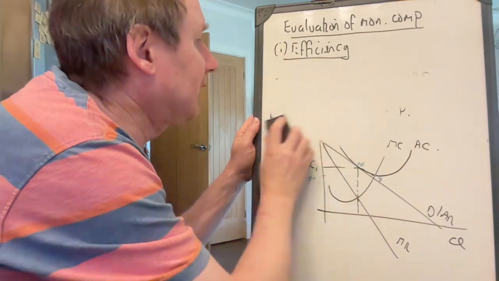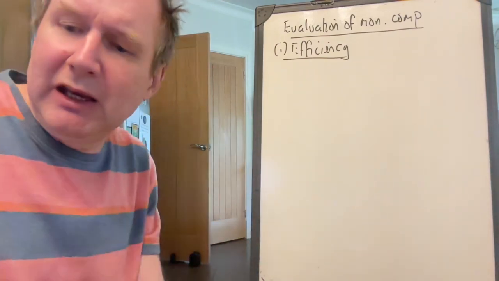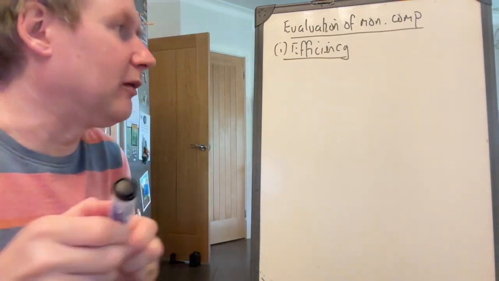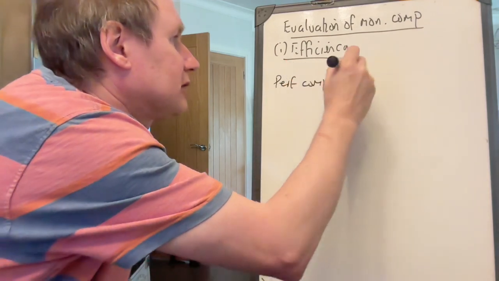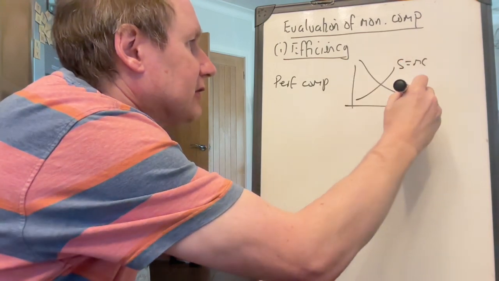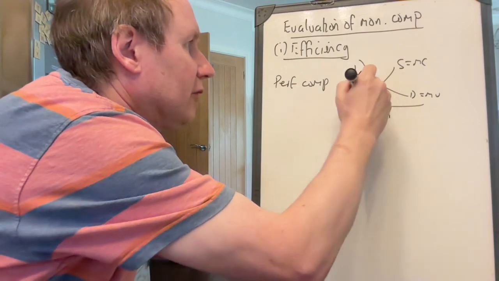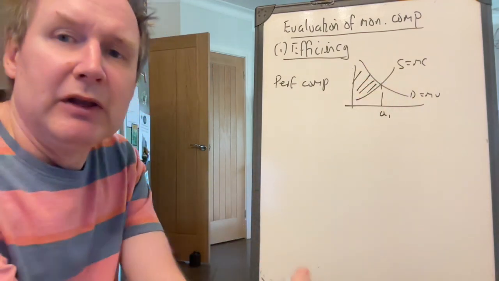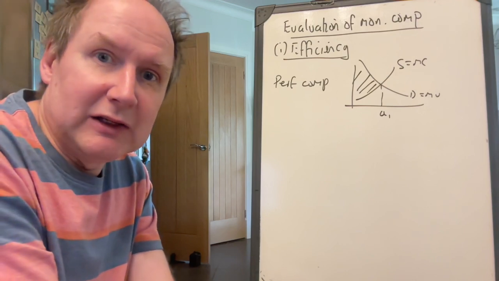What about allocative efficiency? So again, in perfect competition, firms produced where supply equals demand in the industry. There was supply, which was marginal cost. There was demand, which is marginal utility. At Q1, welfare was maximised. And firms had no choice. They were price takers.